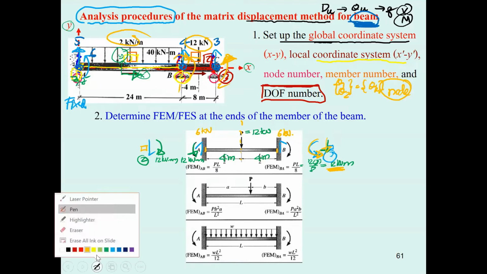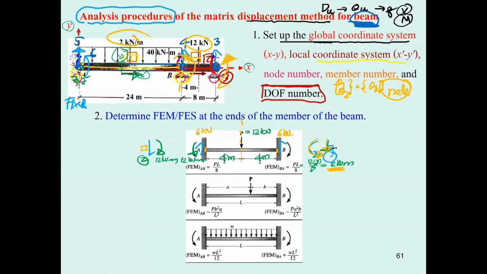Then you're going to compare what you have. This one is going to be degree of freedom number 3, and this one is going to be degree of freedom number 2. So by this one you get Q2 equal to this way plus 12 kilonewton meter. I will discuss this one later in step number 3.